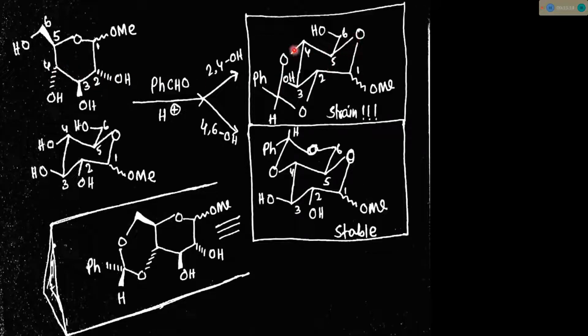See, this is a cyclohexane, and this is a newly formed 6-member ring. In the reactant this was the 6-member ring, and after reacting with the 2,4 1,3-diol, benzaldehyde forms a new 6-member ring. This is one new 6-member ring, and see, this is a strained 6-member ring.